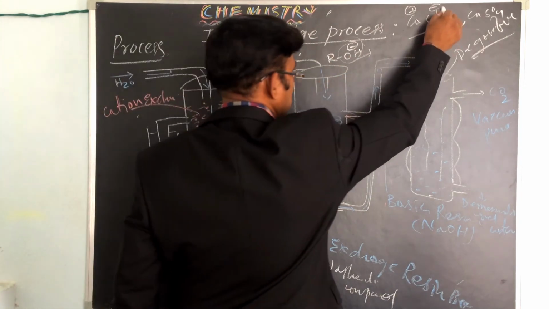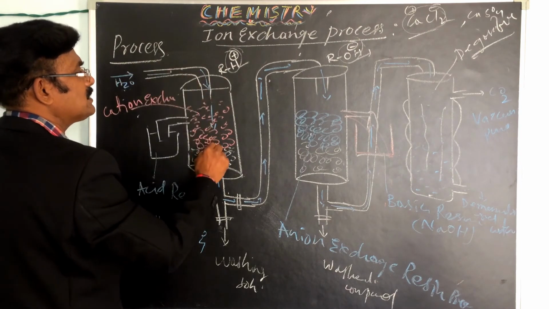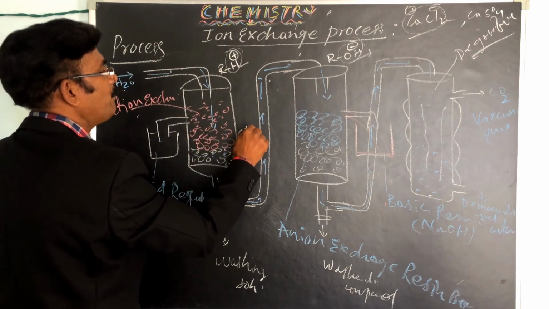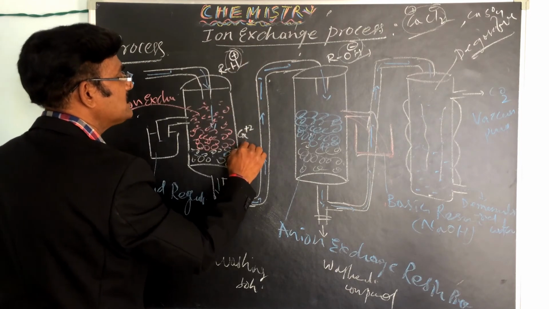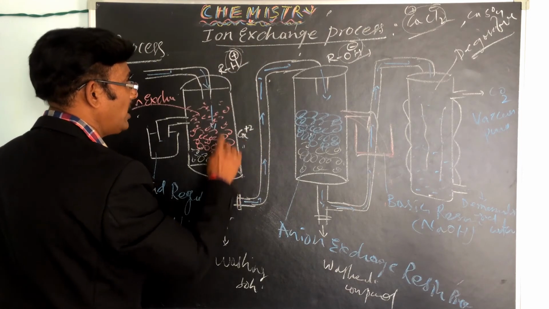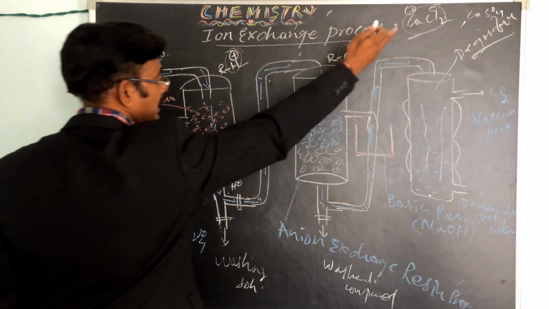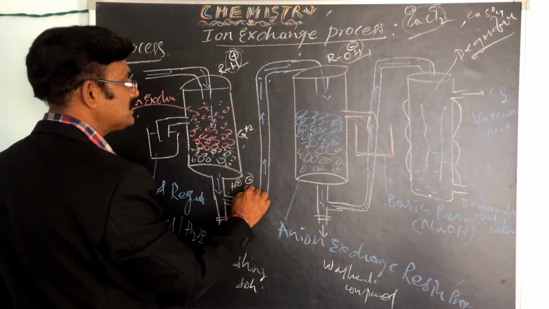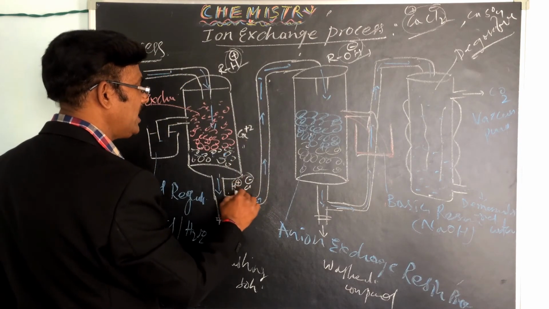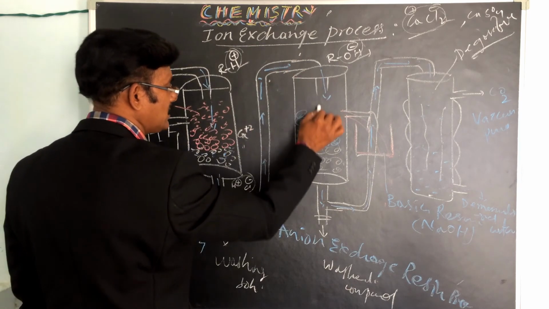So for example, calcium chloride is present in the water. What happened? First this resin takes the Ca plus 2, so an equal amount of H plus is released. So in the water, hydrogen H plus ions are there and the remaining Cl minus ions are there. So water with H plus and Cl minus is passed into the second column.